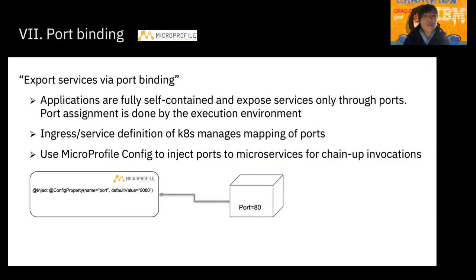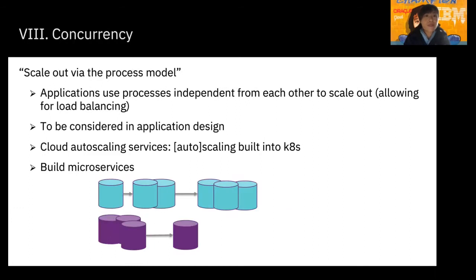If you do need the port number, you can use config to directly inject the port into your microservice. The next one is concurrency. This means your microservices can scale up or down based on the workload. You should consider using Kubernetes autoscaling to scale based on the workload.